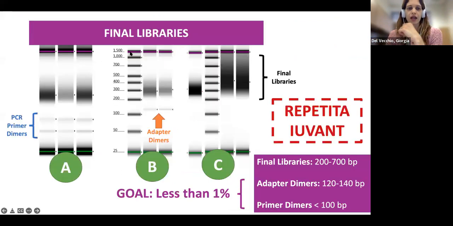So once we have the final libraries, we need to check the quality of the product. So for the final libraries, the range, we just say, needs to be 200 to 700 base pairs. So it's the area on the top of the gel here.